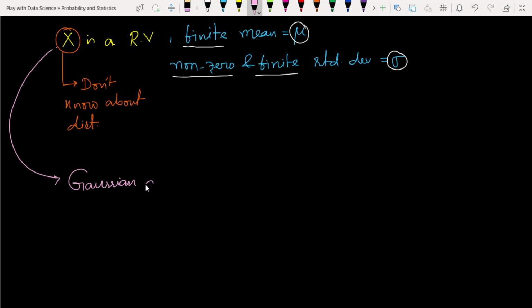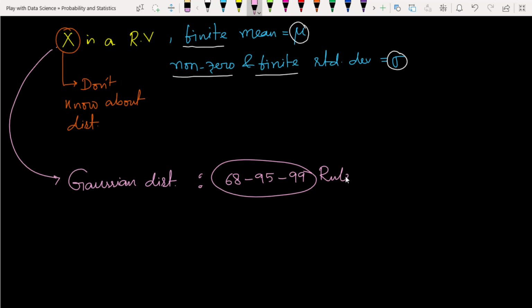I am just recapping what we have previously learned. In such cases, if we know its mean and standard deviation and its distribution, then we can easily conclude the beautiful formula that we already know: the 68, 95, 99 rule. We can easily build this rule if we know these things.